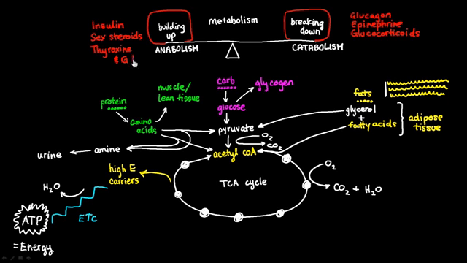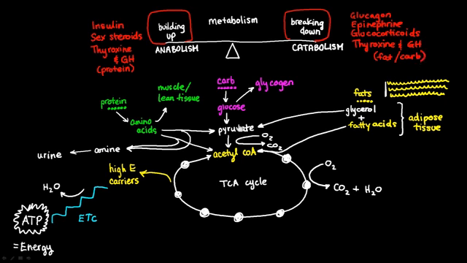I'll just write GH. Those guys favor the anabolism or the building up of protein stores. So protein synthesis is favored by these guys, but they also work on this side. They favor the breakdown of fats and carbohydrate stores, thyroxine and GH, growth hormone. Those guys favor the breaking down of our fat and carbohydrate stores.